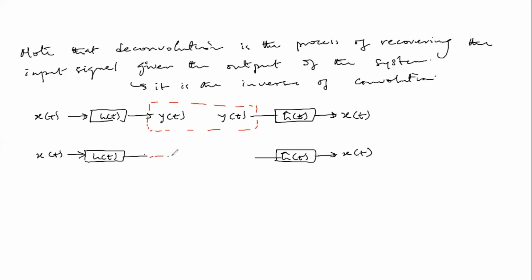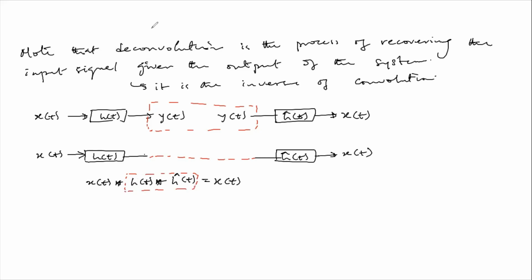Then you can say, for instance, if that is the link there, then from this we can deduce that S of t convolve with h of t convolve with h hat of t is the same as S of t, such that this operation is what we have in red, right?